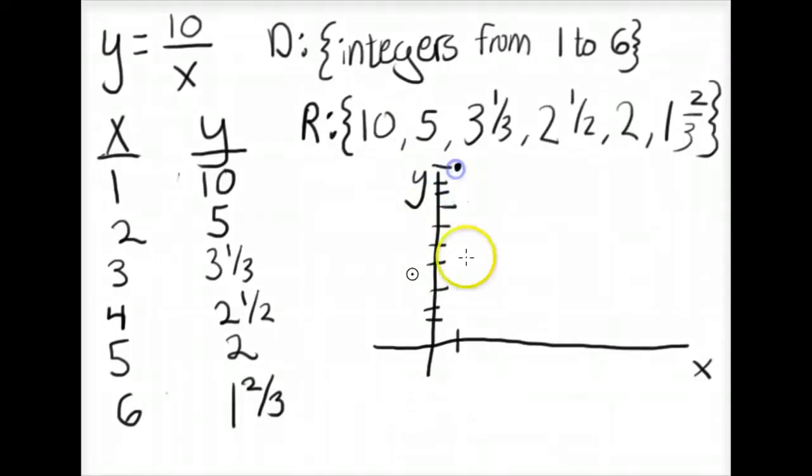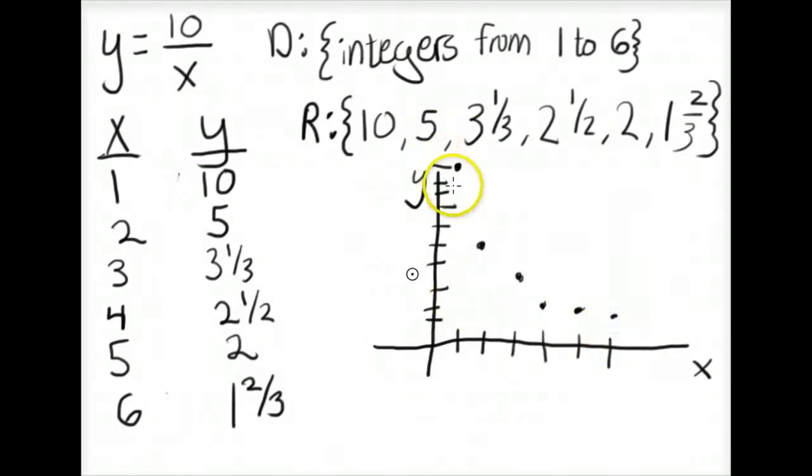So here would be the first value. 2 would be 1, 2, 3, 4, 5. 3 gives us 3 1/3, 1, 2, 3, it's about here. 4 gives 2 1/2, it's about right there. 5, just 2. And 6 is 1 2/3.